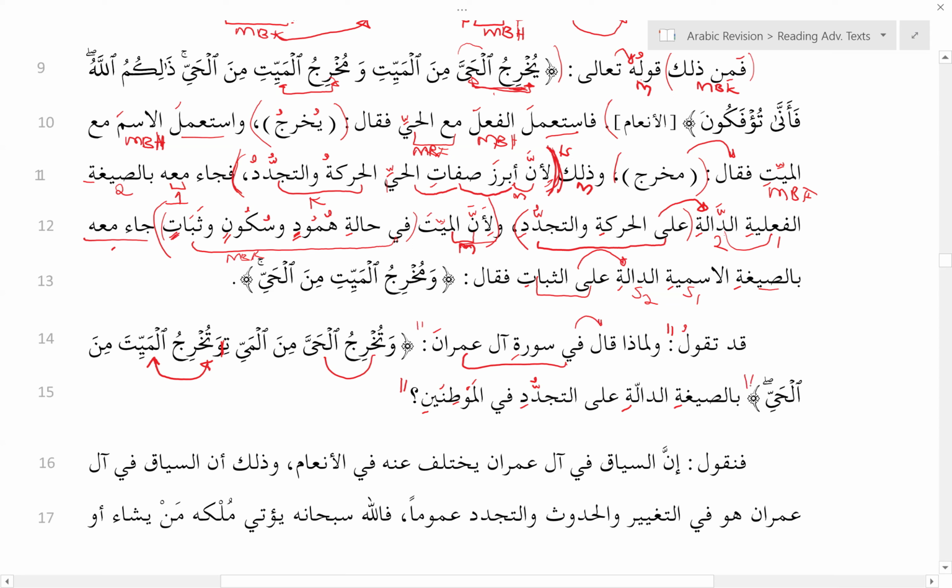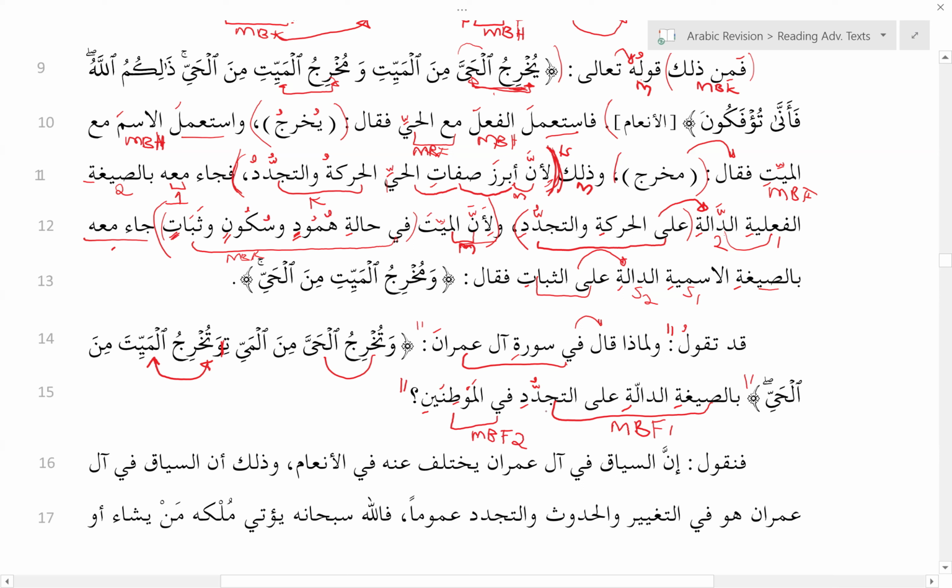This ayah of Allah is the مقول القول مفعول به: وتخرج الحي من الميت وتخرج الميت من الحي بالصيغة الدالة على التجدد في موطنين. And بالصيغة الدالة على التجدد is a متعلق بالفعل number 1, في موطنين is متعلق بالفعل number 2.